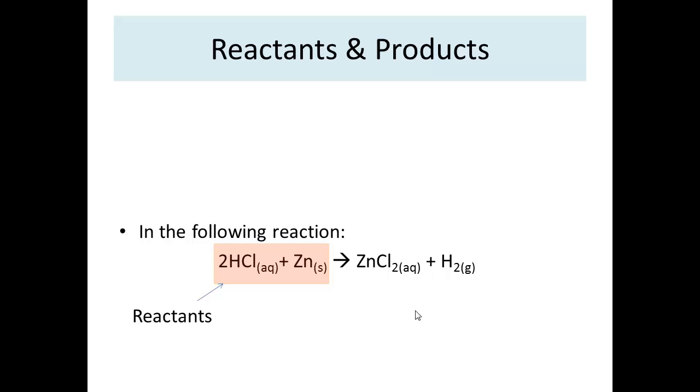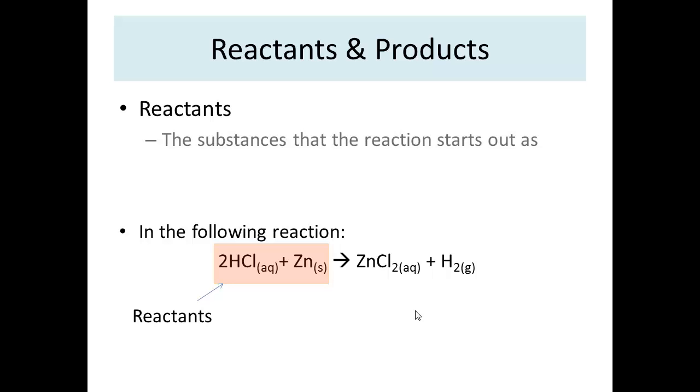So, in the following reaction, you are going to want to write this down. The reactants are the substances that the reaction starts out as. It's like if I had my Legos and I was going to take them apart to make something else. What I start with would be the original Legos, and what I end up with is the product.